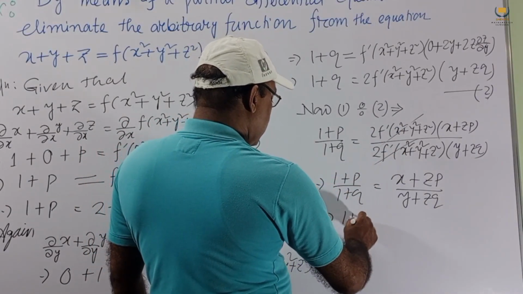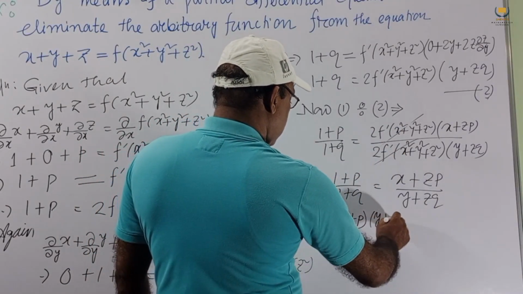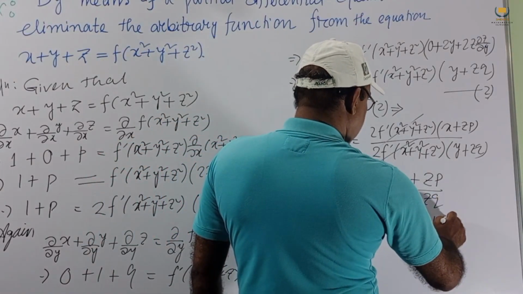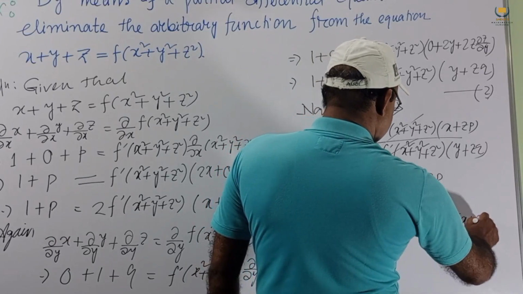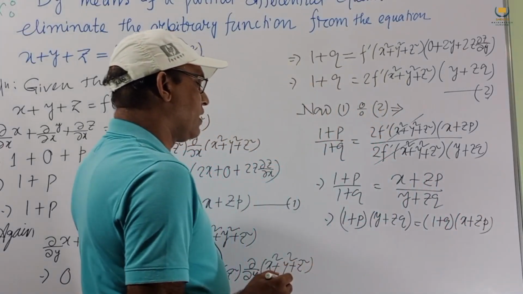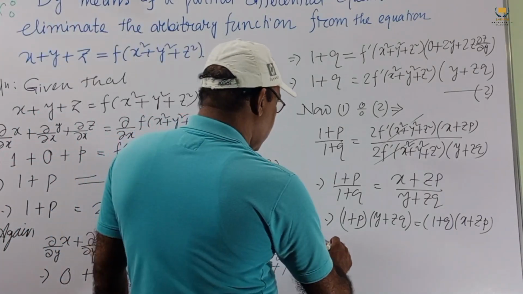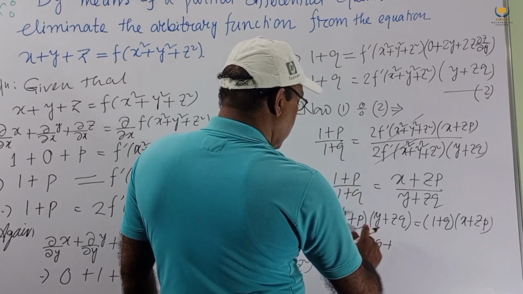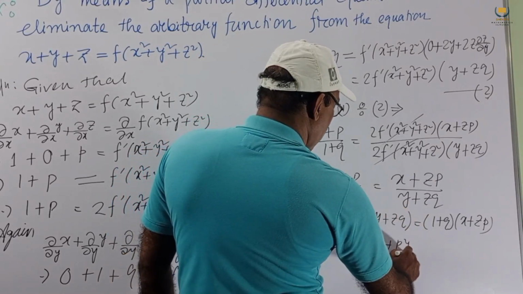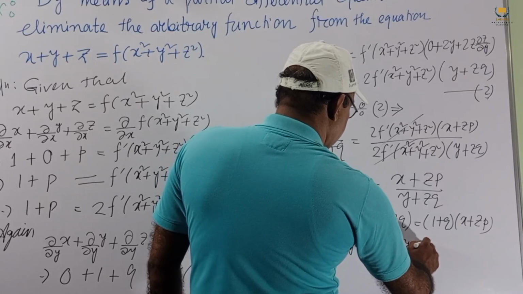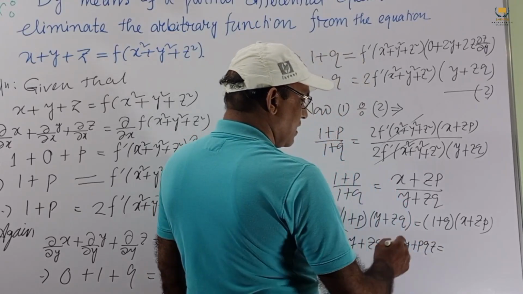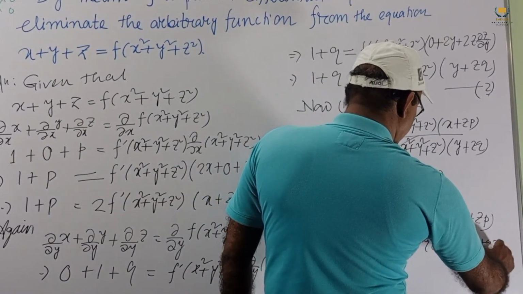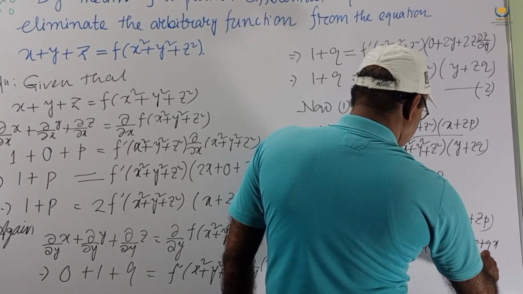Now cross multiplication, this into this, and this is y plus zq, x plus zp. We get this one. This implies first multiplying by y plus zq, next multiplying by py plus pqz, and on the right hand side multiplying by 1, x plus zp, this is qx plus pqz.